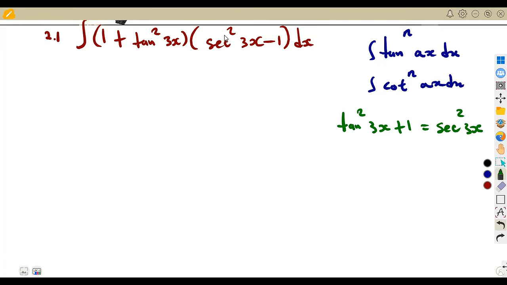And if I transpose the 1 to the other side, I remain with tan squared 3x equal to sec squared 3x minus 1. So if I see sec squared 3x minus 1, I see tan squared 3x. If I see 1 plus tan squared 3x, what do I see? Sec squared 3x. That is exactly what is there.